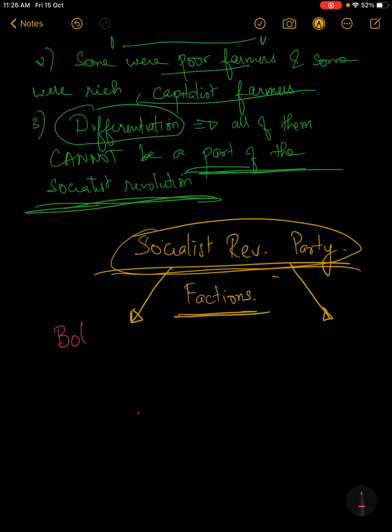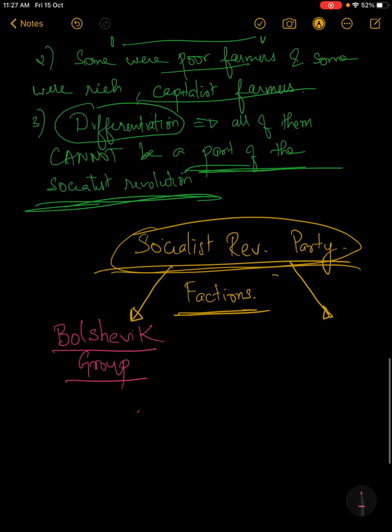The first part was known as the Bolshevik group, and the second one was known as the Menshevik group.